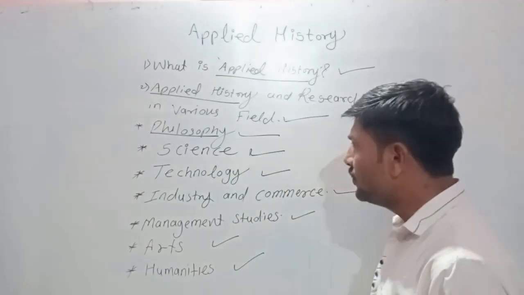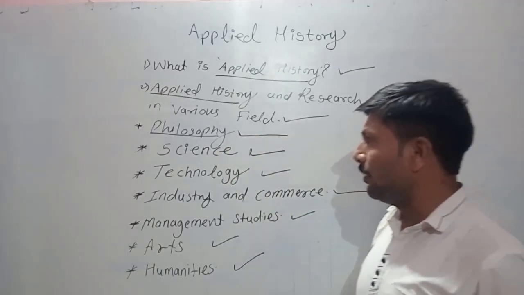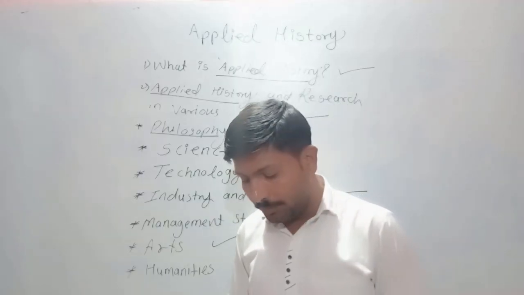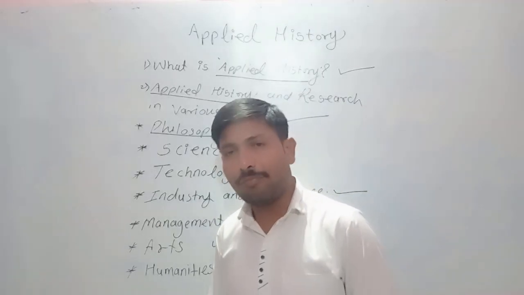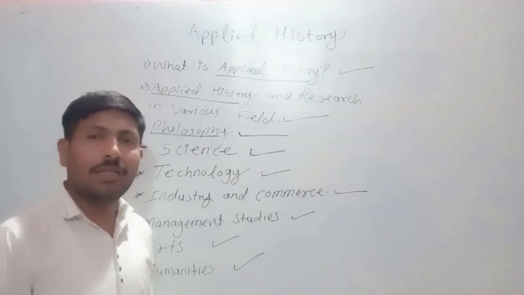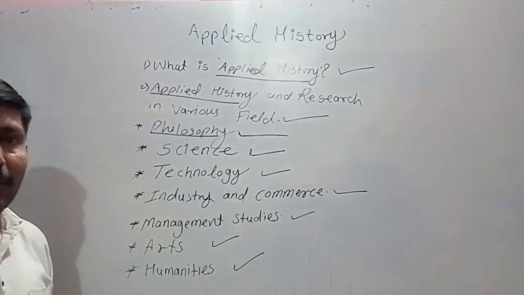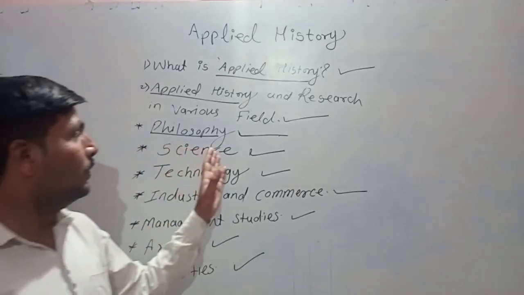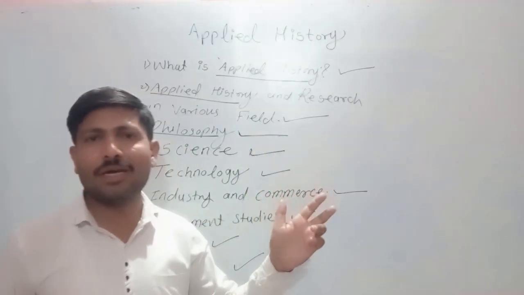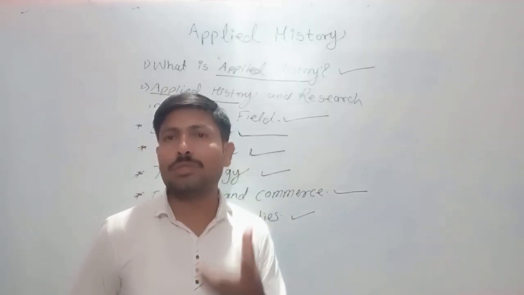For example, if a philosopher wants to express something, the philosopher should know the language and mode of expression, and for that language and expression, he has to take help of history from ancient times. It means that in the Vedas and Puranas, so many philosophical quotes are there.